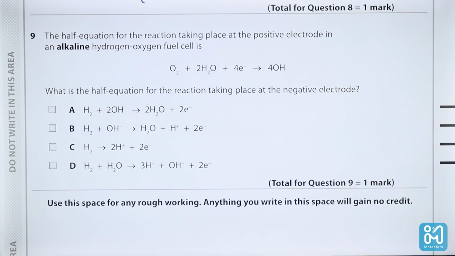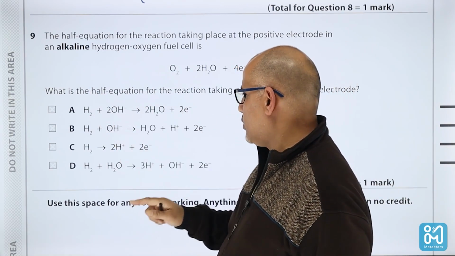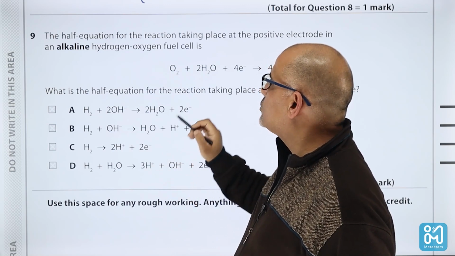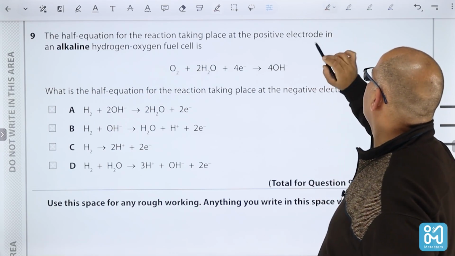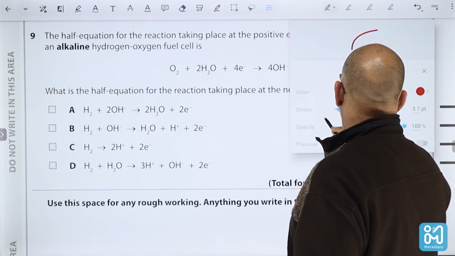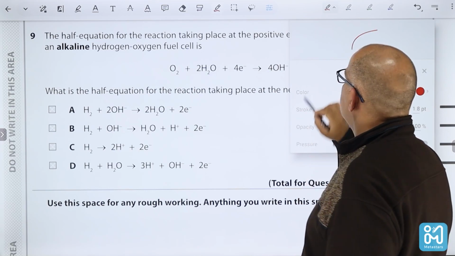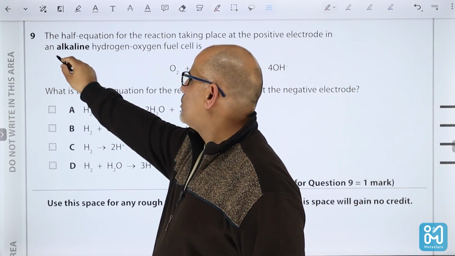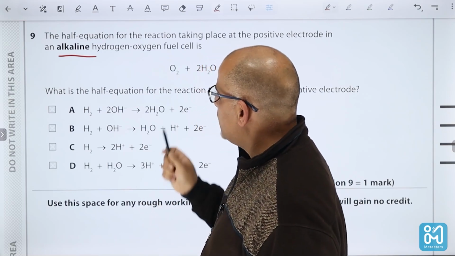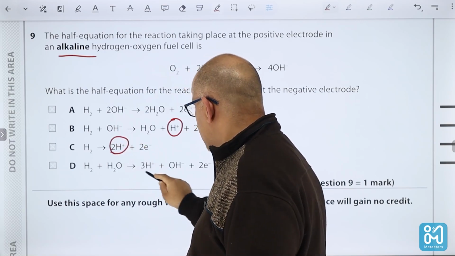And because in the question it is in alkaline solution, the alkaline solution is very important, since the alkaline solution will react with hydrogen in these 3 equations.